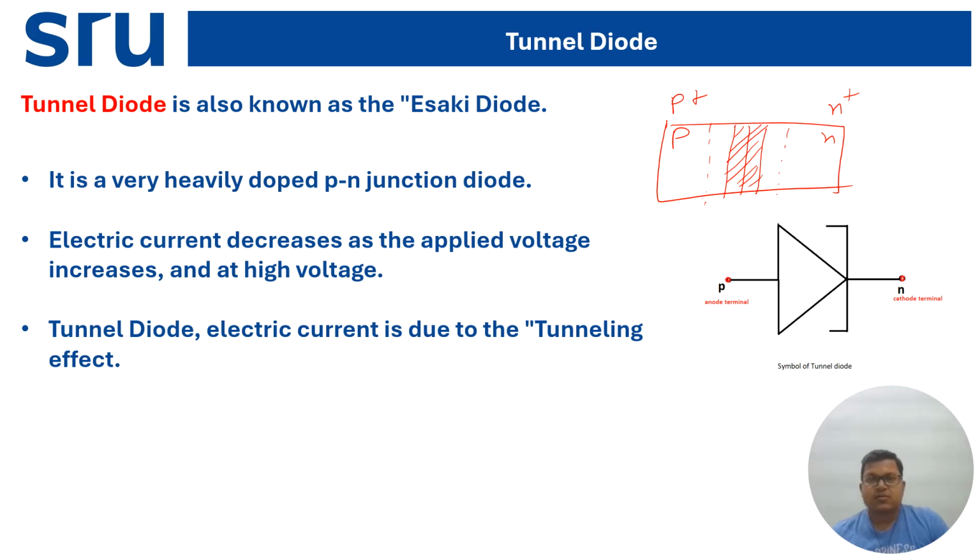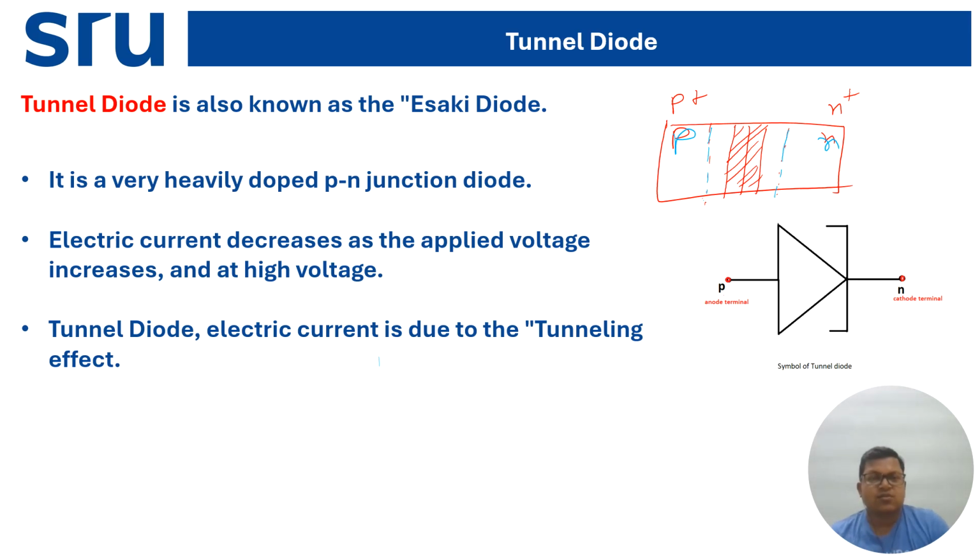So earlier it was like this, where it was p and it was n. Now after heavily doping both the sides, we can see that the depletion region becomes so thin that quantum mechanical tunneling is possible now.